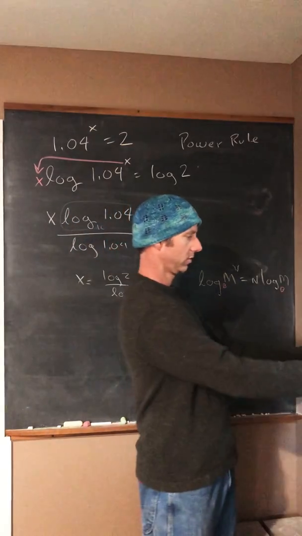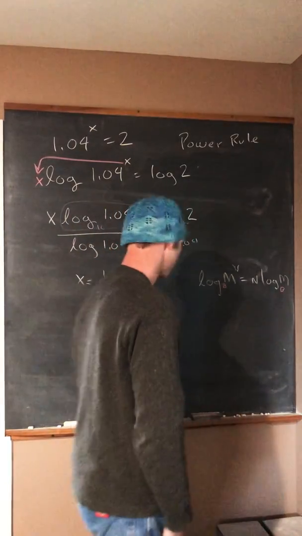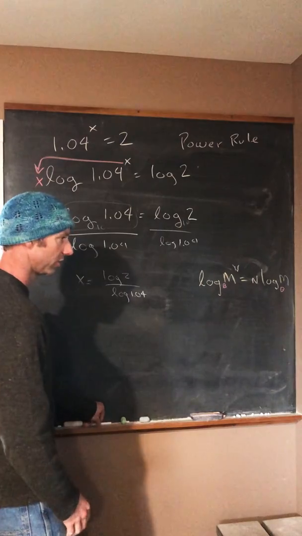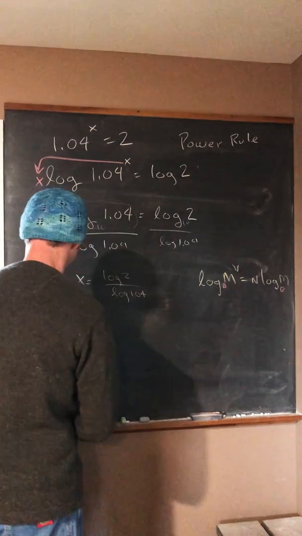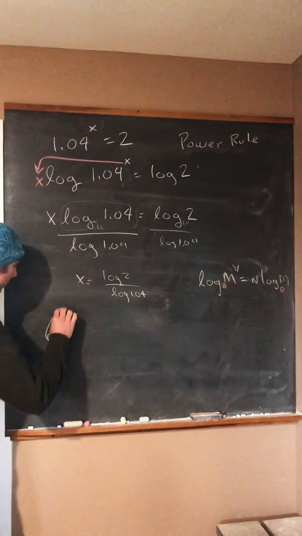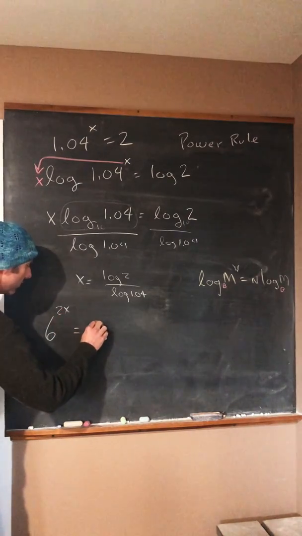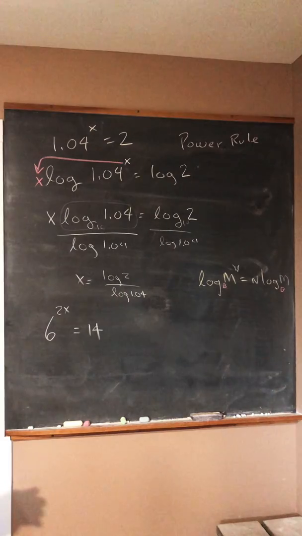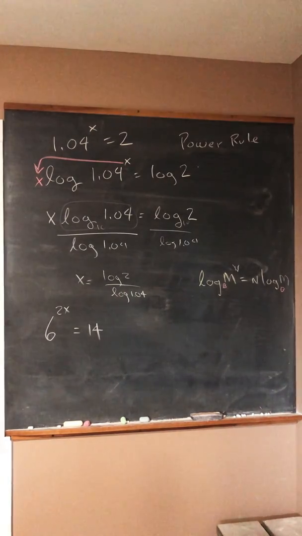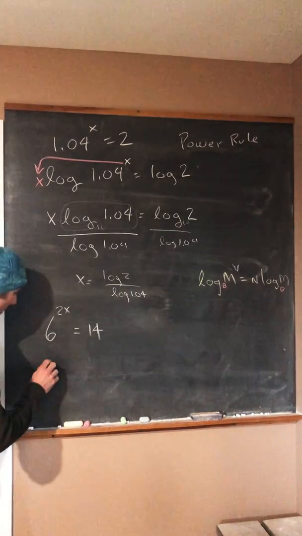Okay. Let's try another example here. How about 6 to the 2x equals 14? Okay. Log both sides.